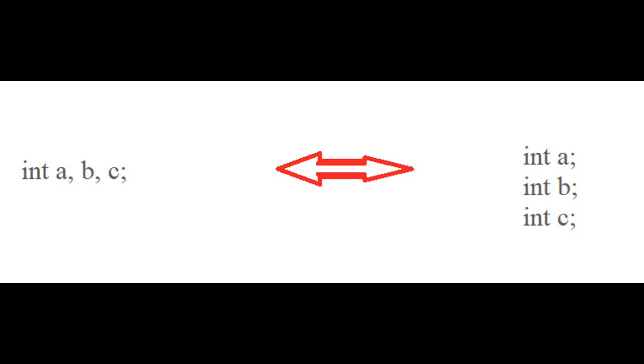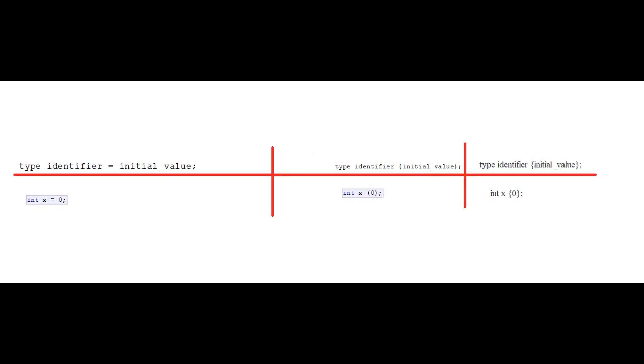How many ways are there to initialize variables in C++? In C++, there are 3 ways to initialize variables. They are all equivalent and are reminiscent of the evolution of the language over the years.